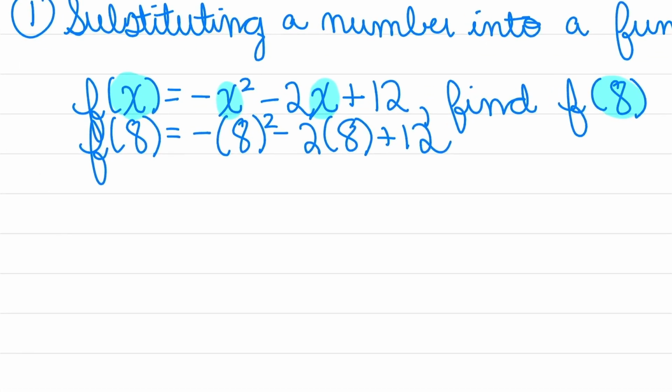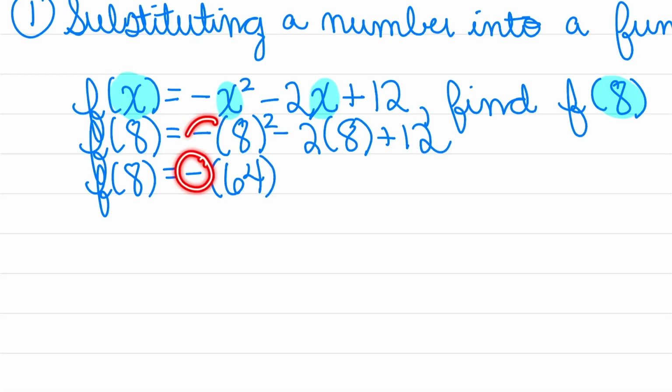We have 8 squared, and that's going to be 64. Now the negative is not included in our parentheses out here, so what we do is parentheses first, we evaluate 8 to the second power, which is 64, and then we will multiply that by the negative. Now we have negative 2 times 8, which is negative 16, and then plus 12.